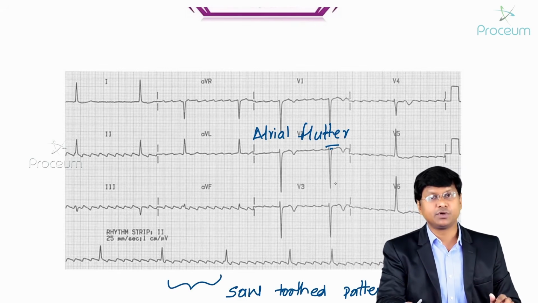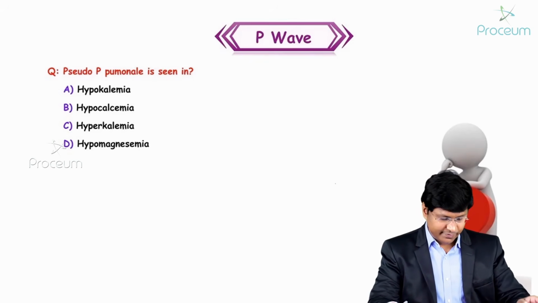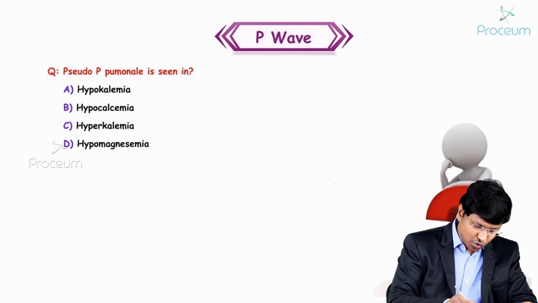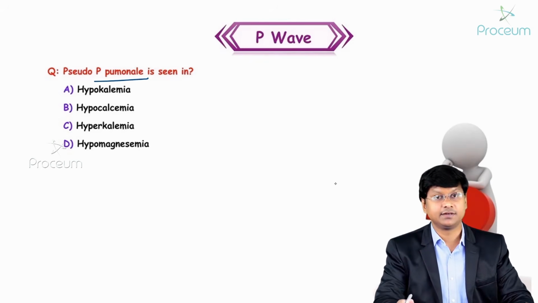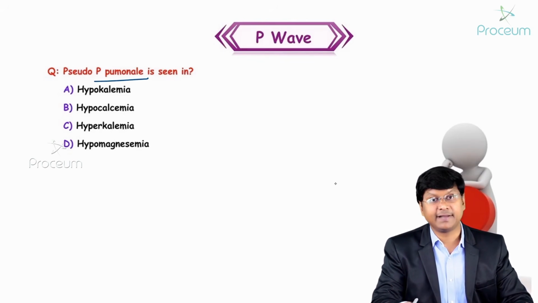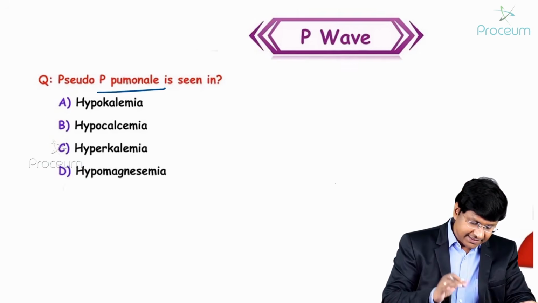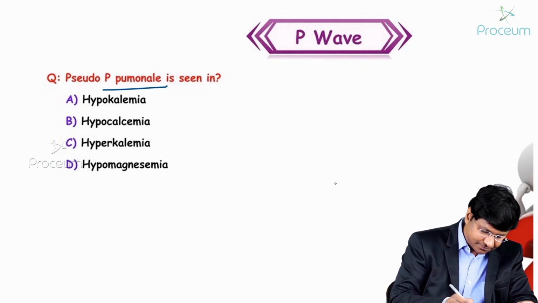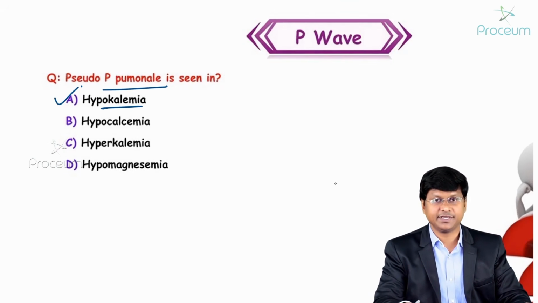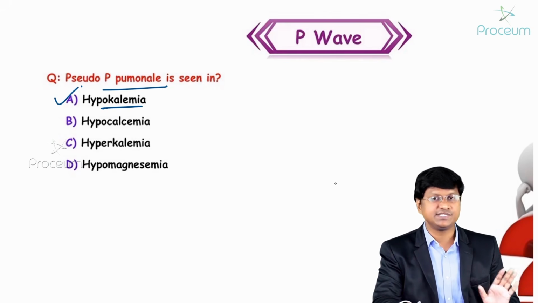Now, the last question on the P wave. The question here is, pseudo P pulmonale is seen in hypokalemia, hypocalcemia, hyperkalemia, or hypomagnesemia. Remember, the pseudo P pulmonale is seen in patients with hypokalemia, right? In hypokalemia, let me show you all the ECG changes.